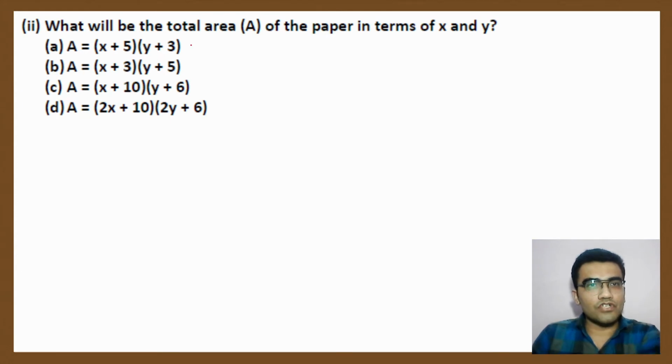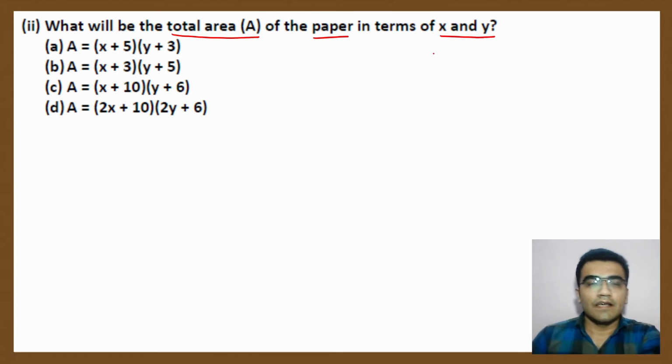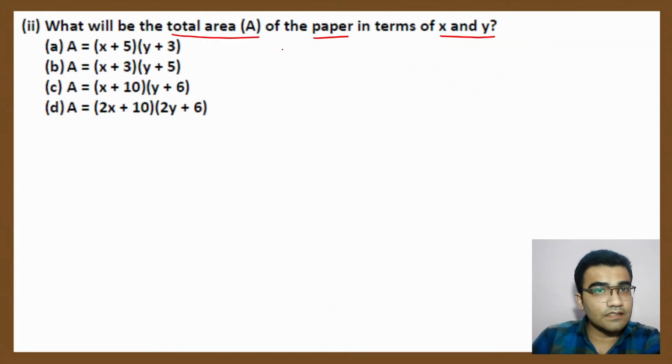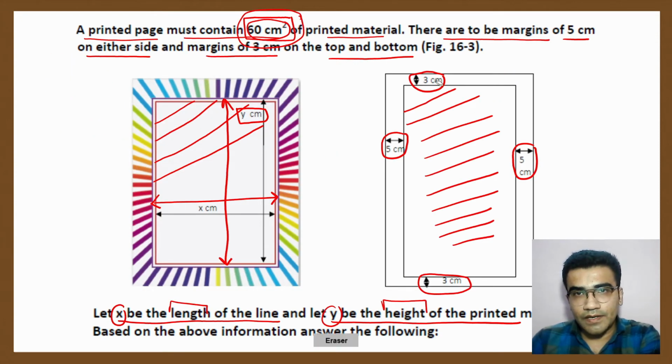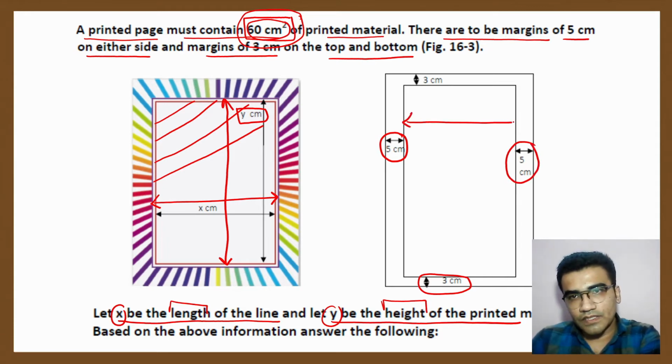Now the second question asks what will be the total area of the paper in terms of x and y. Here we do not take this 60 centimeter square, because this question asks for the total area of the paper. In order to find the total area of the paper, you need to add this 5 centimeter margin and this 5 centimeter margin to the length of this line.